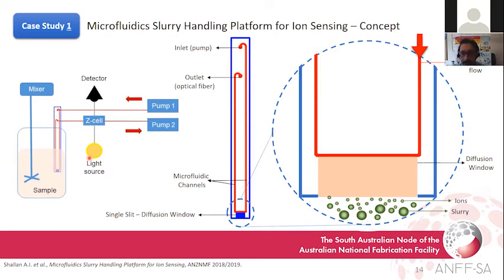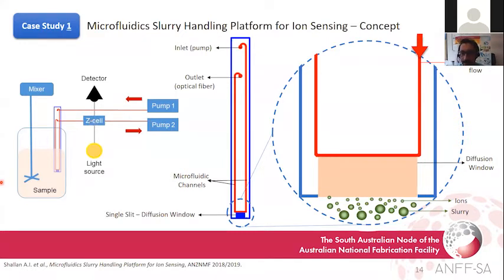The sample was placed in a beaker and stirred at the required speed using an impeller. The microfluidic device, as you will see here, was immersed below the solution surface, while the fluid connections were kept above the solution. Two syringe pumps were connected to the inlet and outlet, and the absorbance measurements were done across the Z cell, which has a quartz window.